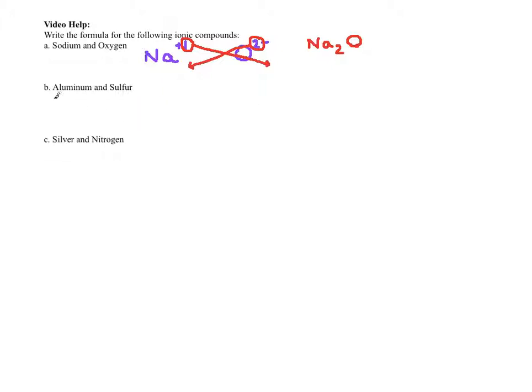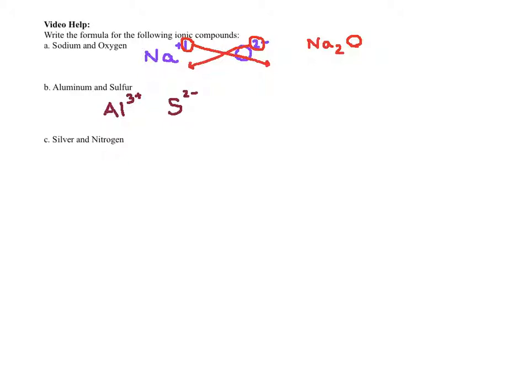Okay? For this next one, aluminum. Aluminum has 3 valence electrons, and so it can either gain 5 or lose 3 valence electrons. So it's going to want to lose 3 to have a 3+ charge because it's easier to lose 3 than gain 5. And sulfur has 6 valence electrons, so it can either lose 6 or gain 2. So it's just going to gain 2 because that's easier to do number-wise.